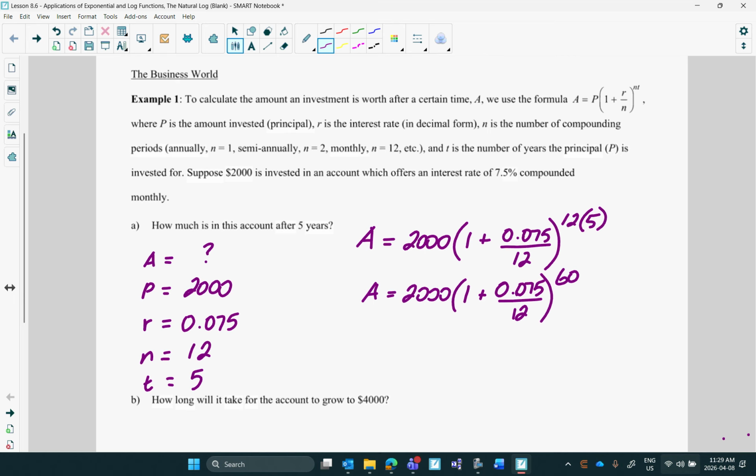So we divide this first, then add 1. 0.075 divided by 12 plus 1. We should be sitting at 1.00625. What do I do next? I've already added 1. Raise it to the 60th before we multiply. So raise it to the 60th and then times 2,000. And remember, we're dealing with money, so you automatically round to 2 decimal places. So we should get an approximate answer of $2,906.59.